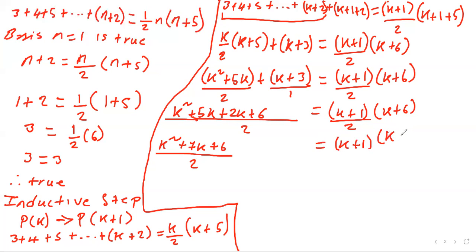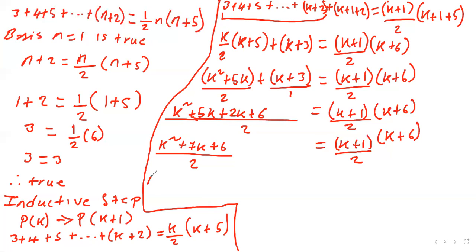So we're going to use a simple method to factor it. We need two numbers that multiply to give 6k squared and add to give the middle term, which is 7k. So these two numbers are going to be 1k and 6k. I'm going to use those to replace the 7k.